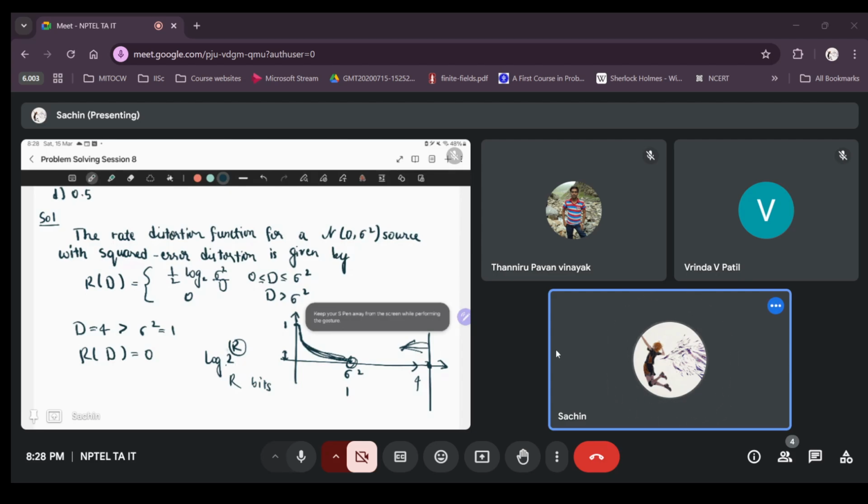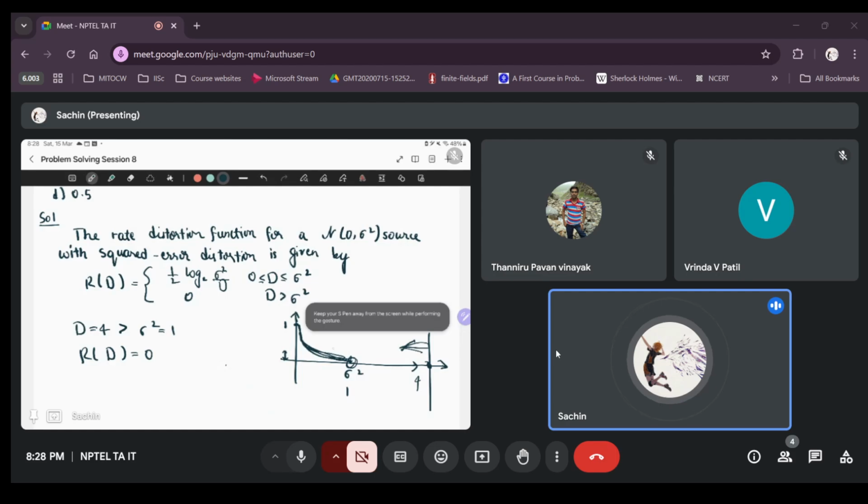So the lowest it can go is 0. If this r becomes negative, 2 power a negative quantity is less than 1, and log of some quantity less than 1 will be negative. So I would be saying that I need a negative number of bits to represent a code word. Doesn't make any sense. So the lowest you can go is 0.